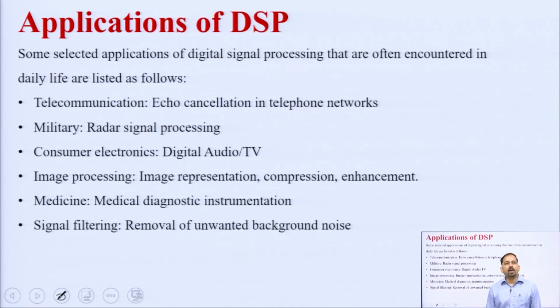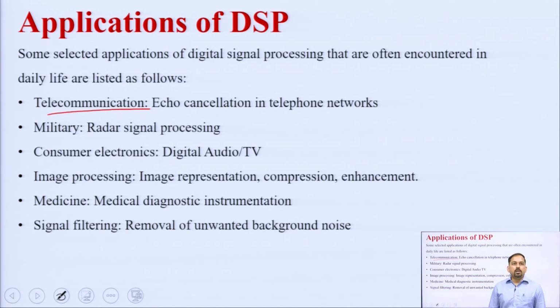Now, we have some application areas of digital signal processing. Some selected applications of digital signal processing that are often encountered in daily life are listed below. Let us say in telecommunication, how is DSP being used?